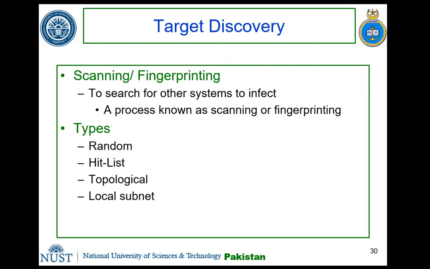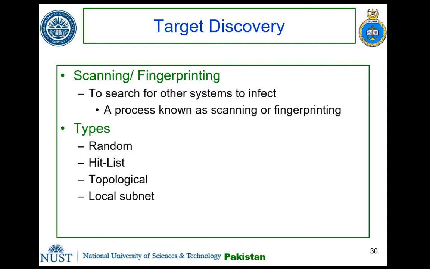Target discovery. The first function in the propagation phase for a network worm is for it to search for other systems to infect, a process known as scanning or fingerprinting.